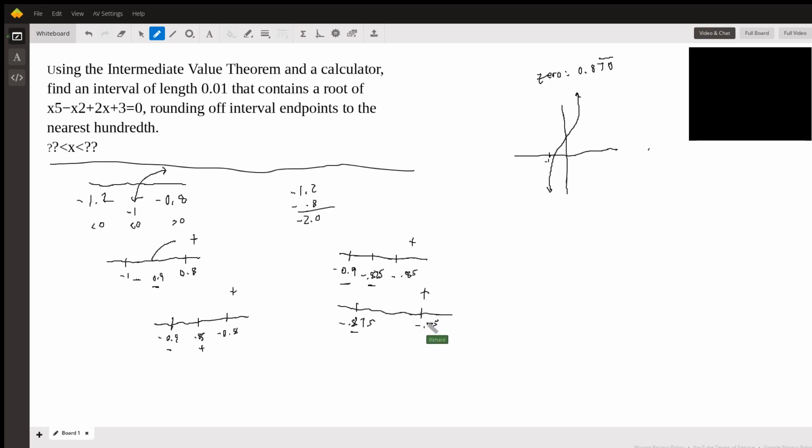So once again, you take the midpoint of -0.875 and -0.85. Let me do that again, sorry.